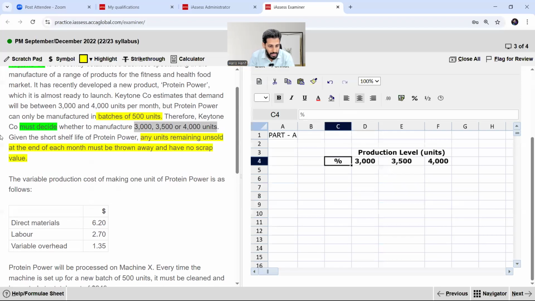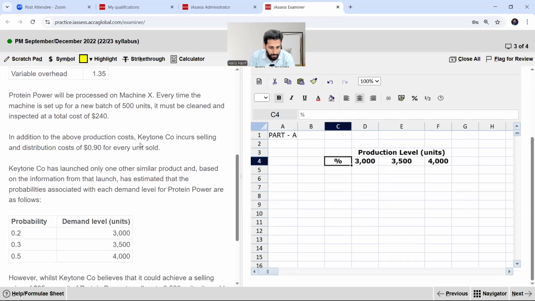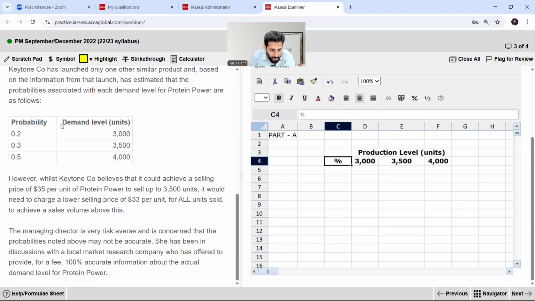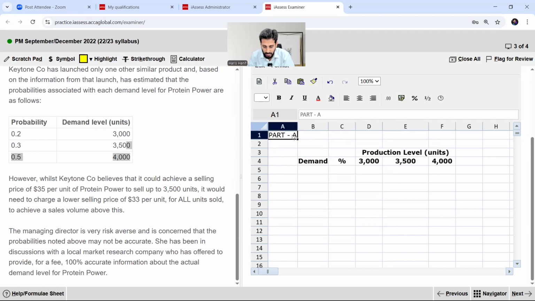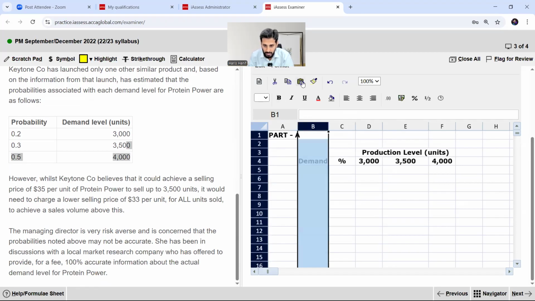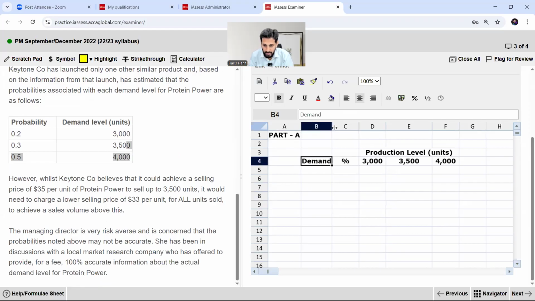Now let's move on. The demand level is where probability is being applied: 3,000, 3,500 and 4,000. So it is the demand level. The demand is also 3,000, 3,500 and 4,000, right?